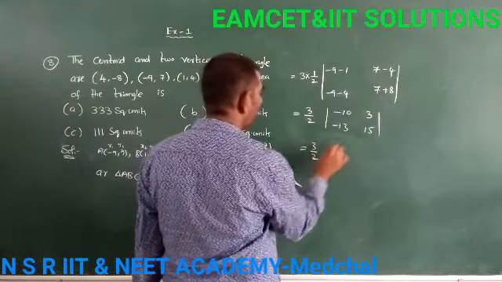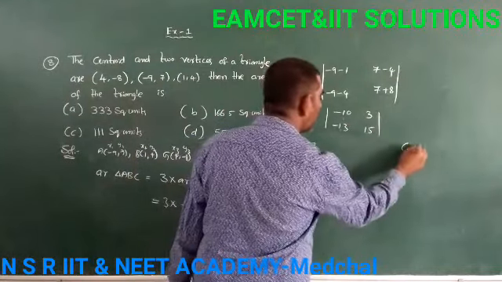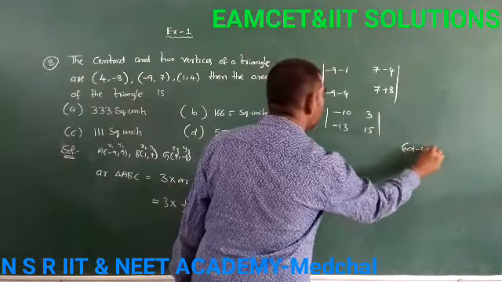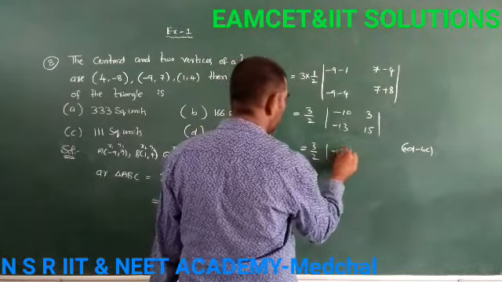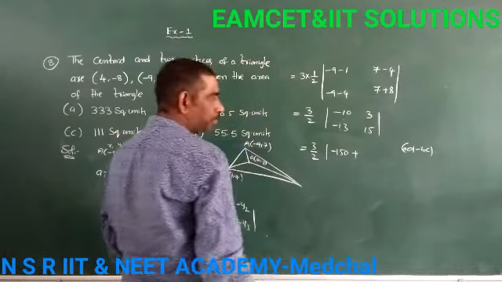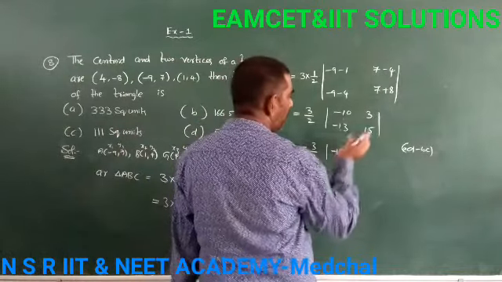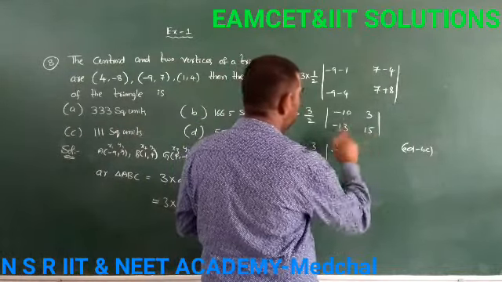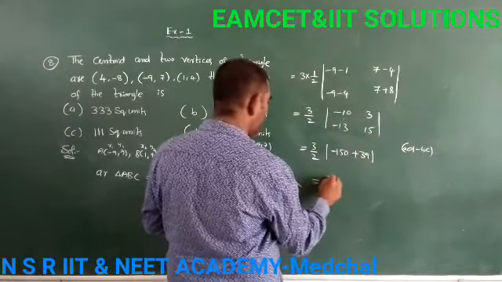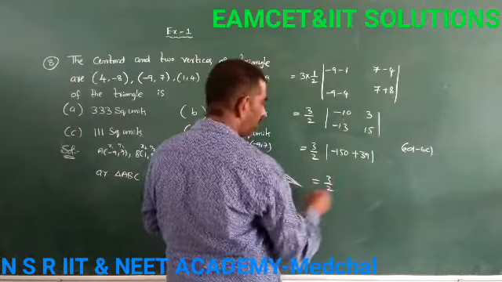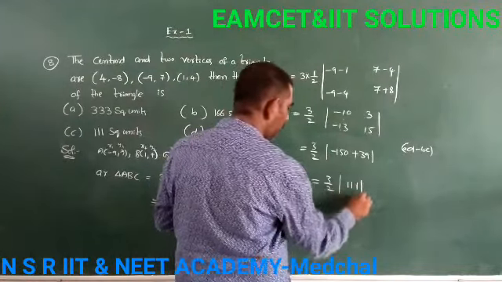So this is the determinant form of ABCD. What is the formula? AD minus BC. So apply the formula: minus 10 into 15 is minus 150, plus minus into minus plus 39. So we get 39 minus 150, we get minus 111.